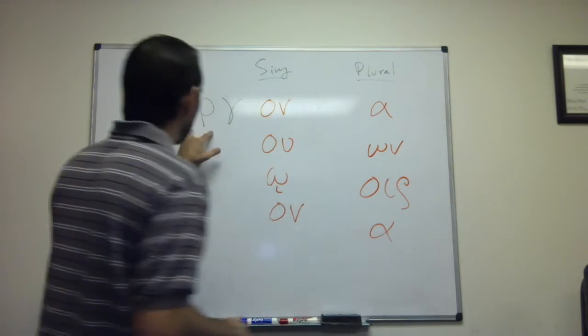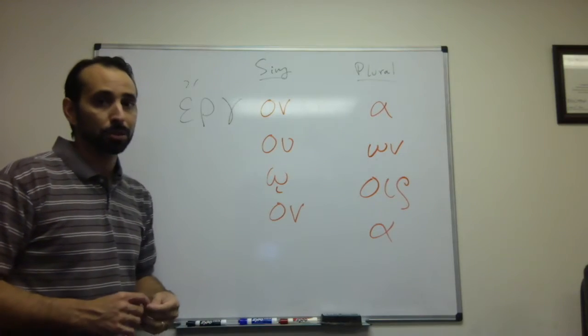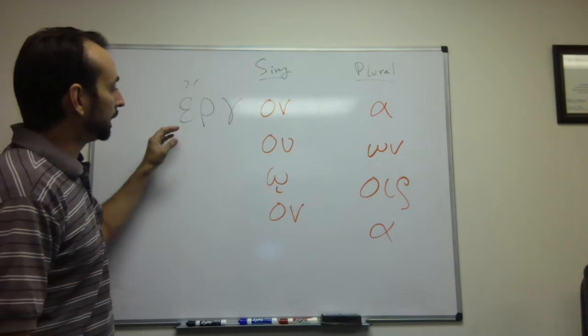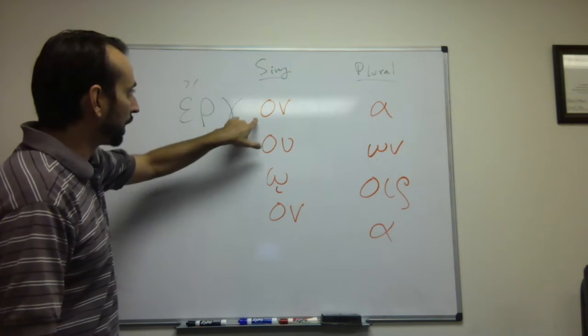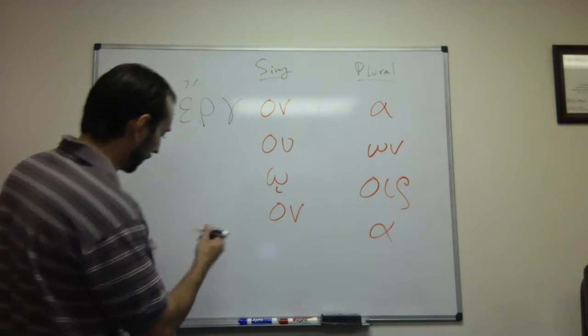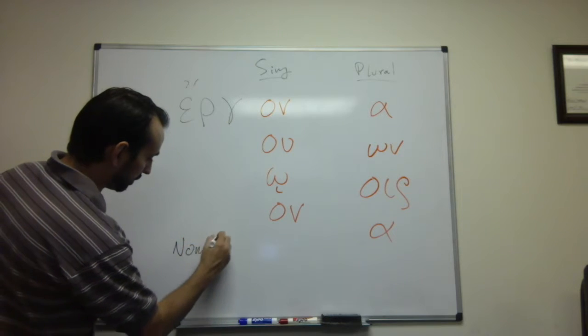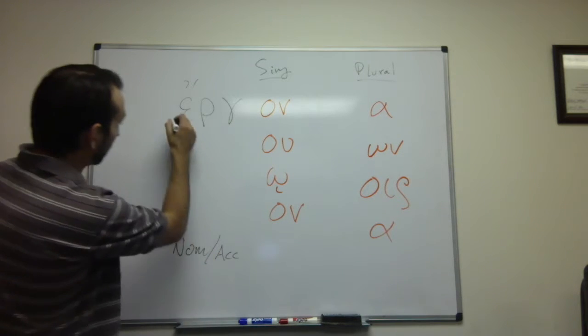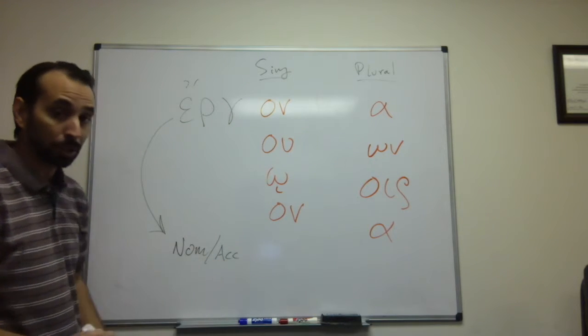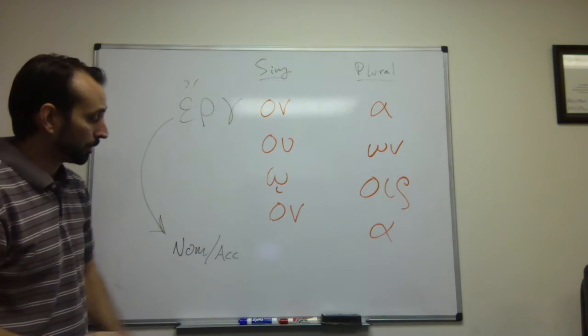So take this one, ergon. If I asked you to locate or parse that, you're going to say that it is nominative / accusative, because you won't know. So I usually do something like this. If I were to locate this one right here, ergon, I would say it's nominative / accusative, because it's going to be either one.